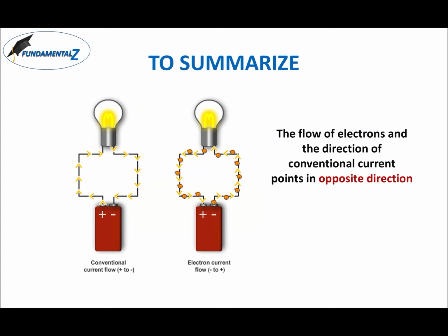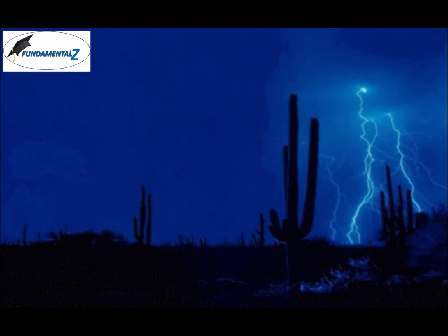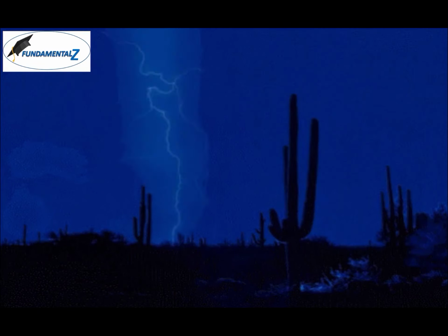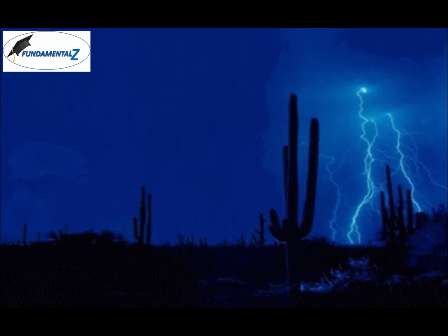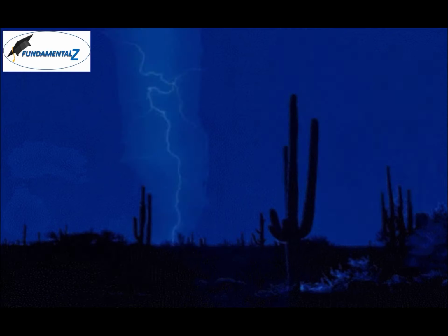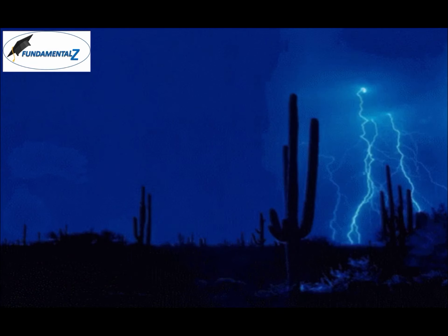But in the natural scenario, in our day-to-day life, where can we see this current? We can see this current in the thunder that occurs during stormy times. How does this thunder occur? Generally, when there is thunder, they will say that you shouldn't be struck by lightning. If we are struck by lightning, what happens? The electricity passes through us and we will perish. So why does this lightning strike the ground?